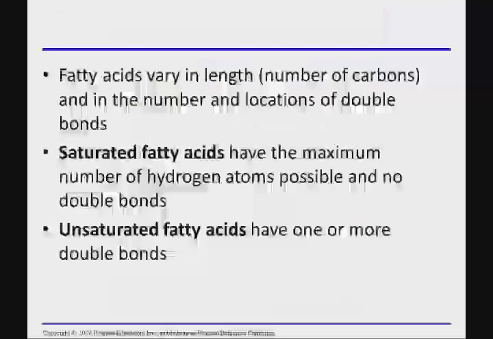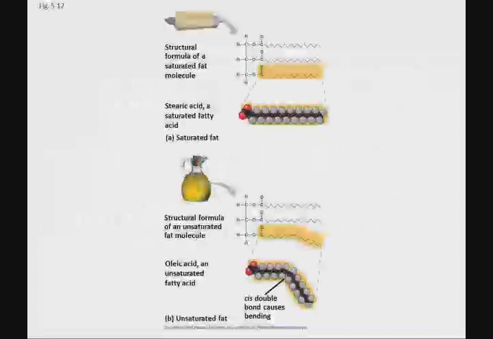So fatty acids vary in their length, the hydrocarbon length. We'll talk about saturated versus unsaturated fatty acids. Those have impacts on your diet, but those topics I would encourage you again to take a nutrition course to understand them better. We're going to talk about them and introduce them now so that we can use that knowledge later when we talk about their effects on the lipid bilayer of a cell membrane.